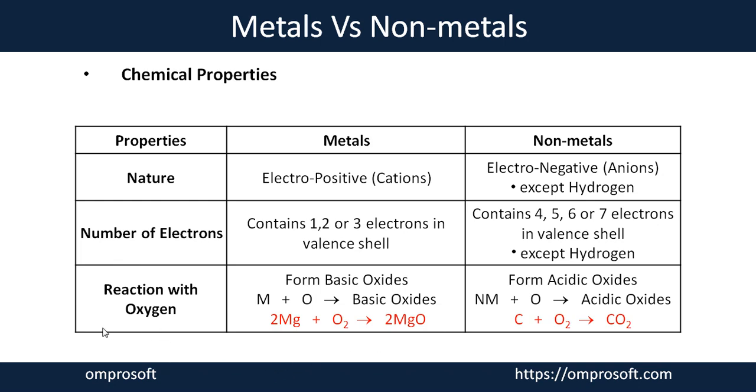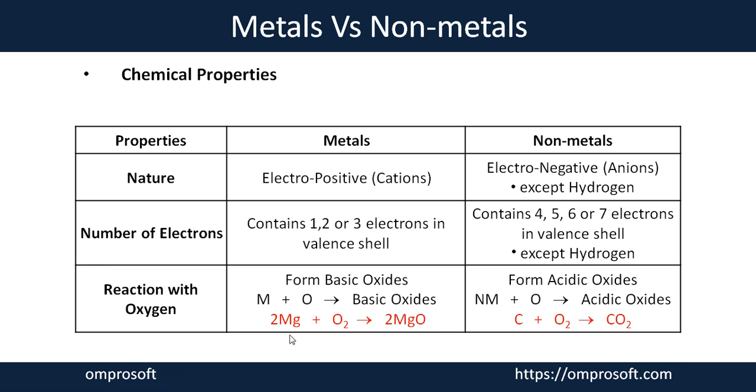The next property is based on reaction with oxygen. When any metal reacts with oxygen, it forms a metal oxide, which is basic in nature, so it is also called a basic oxide.